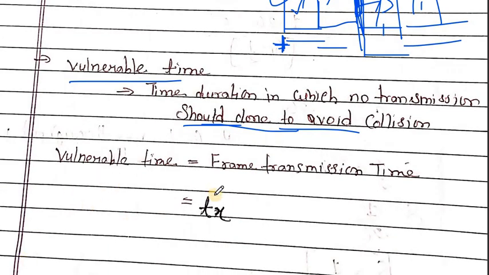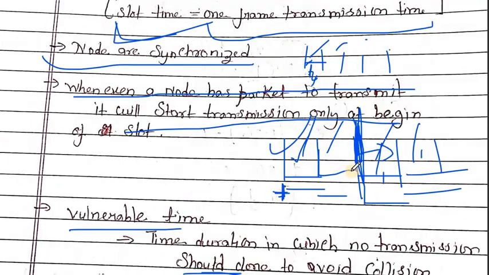Here the vulnerable time is the frame transmission time, which is T of x. So if one node is transmitting on the channel, the time taken is T of x. So no other node has to transmit its packet into the channel during this duration of T of x.